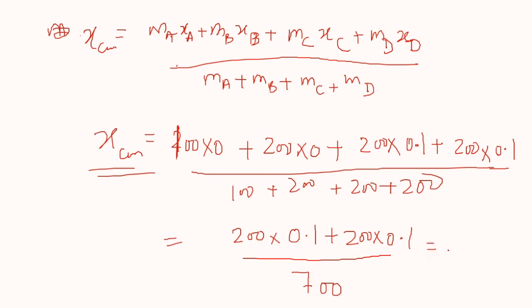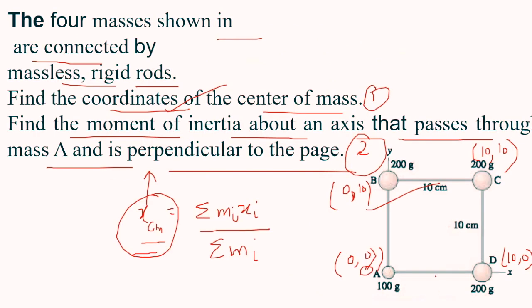It comes to 0.057 meters. So XCM is 0.057, which is actually 5.7 centimeters. If the total is 10, and 5 is the middle, then XCM is a little bit beyond that.